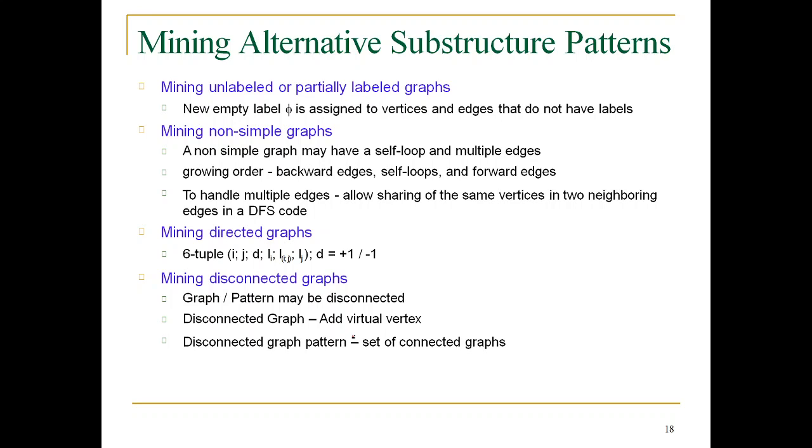Once you get the original data, you add the virtual vertex to the disconnected graph in each graph. The second one is that a disconnected graph pattern can be viewed as a connected graph.